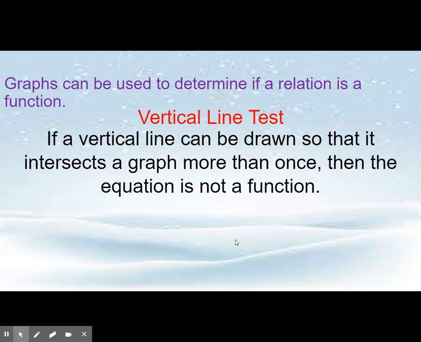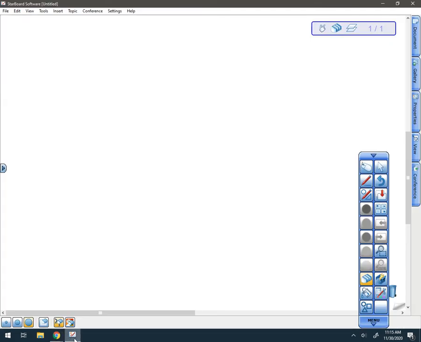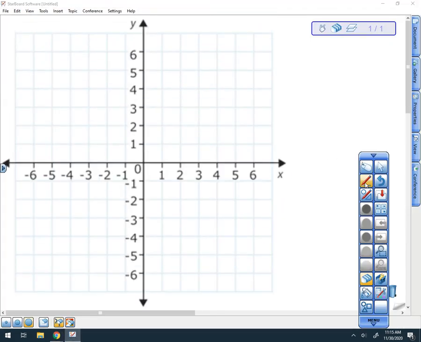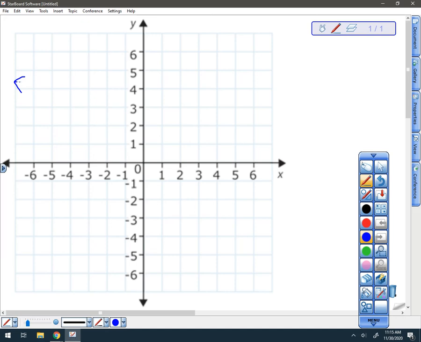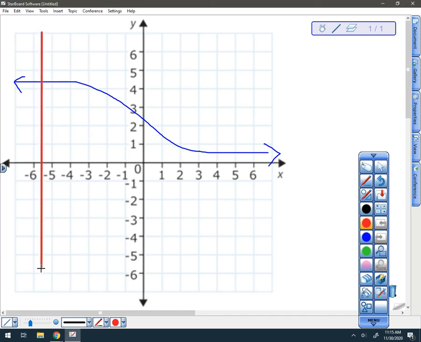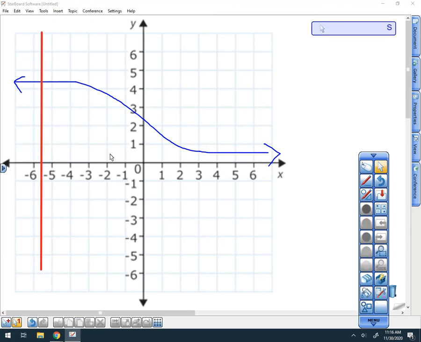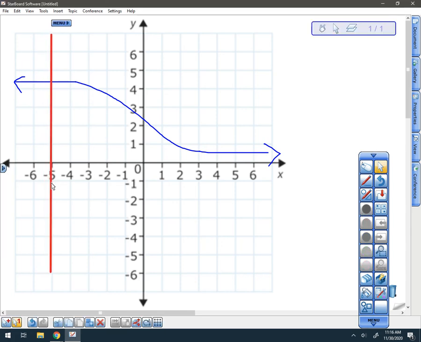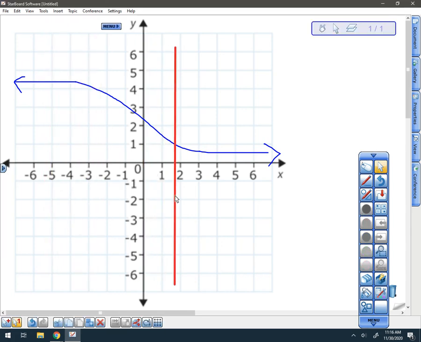The easiest way is to come to this. I drew a graph. So let's say I have this picture on the graph, and the question is, is it a function? You use the vertical line test. You look at the graph and ask, if I drew a vertical line, is there anywhere I could draw it where it would hit the graph more than one time?